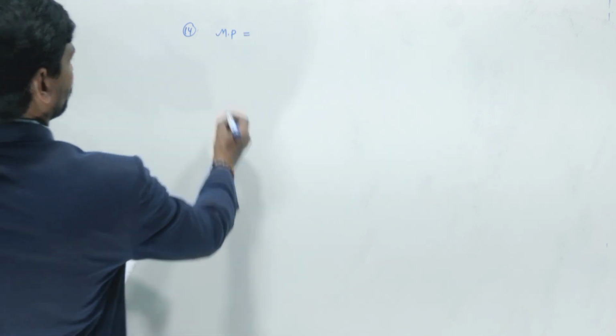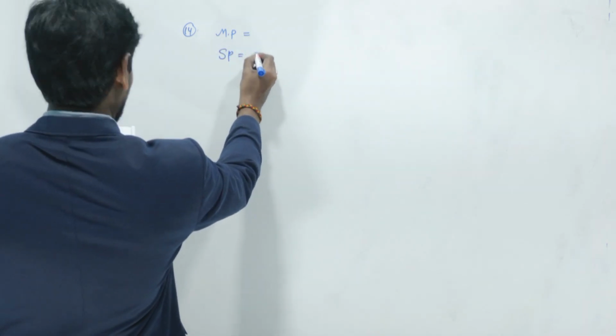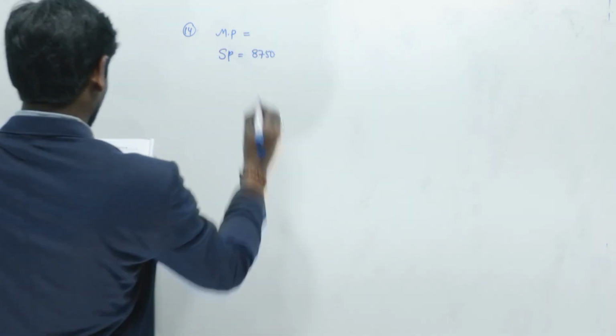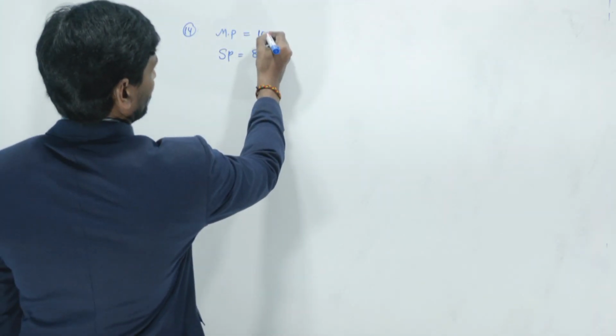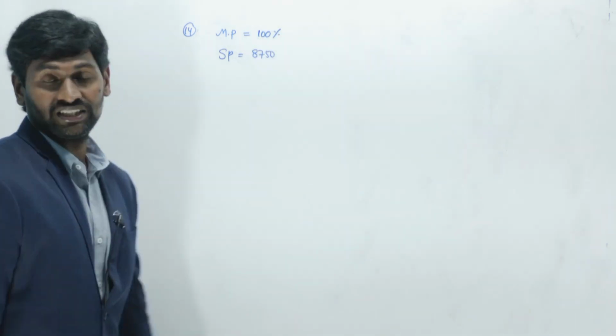So the market price of an article is given with 30% discount, and he will get the selling price as 8,750 rupees. And with 25% profit on the price he bought, what is the label price? So let us consider the labeled price is 100% and he got the 30% discount.